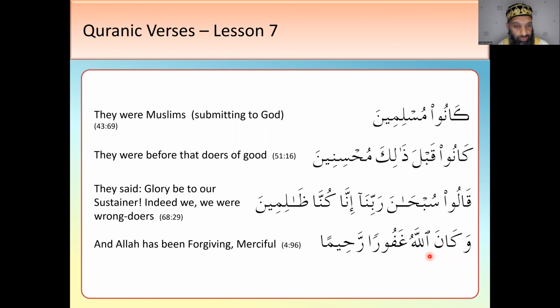That's level 2. Actually, this particular one is level 3. So for now, just wa kana Allahu, and Allah has been ghafuran. Ghafara means to forgive, so forgiving. Rahiman, rahima means mercy, so merciful.